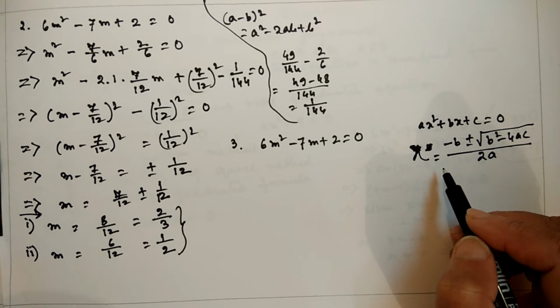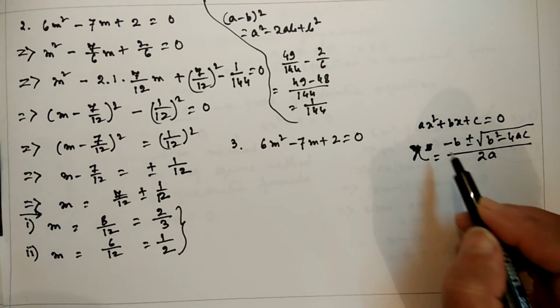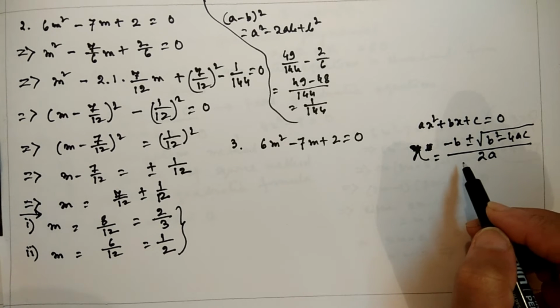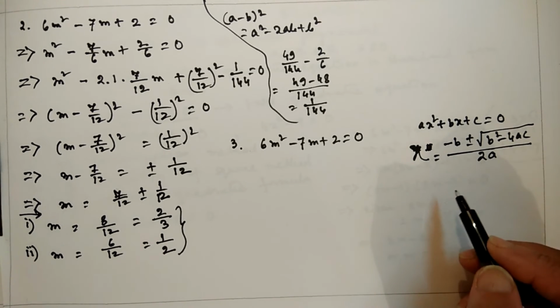So one thing is that with this formula we can solve any quadratic equation, unless there is a mention in the question that you have to use a particular method.